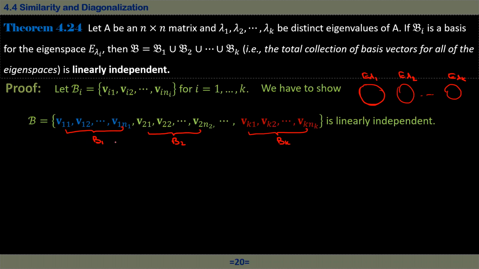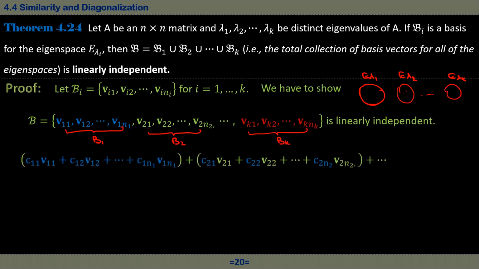Since we know it's a basis, these vectors are linearly independent. Also for E lambda 2, the vectors v21, v22, dot dot dot, v2n2 form a basis, so they are also linearly independent. And we are claiming that if you combine all of these vectors, they still form a linearly independent set.